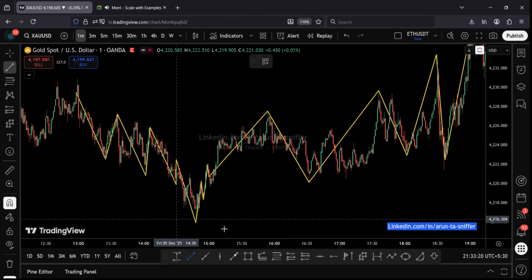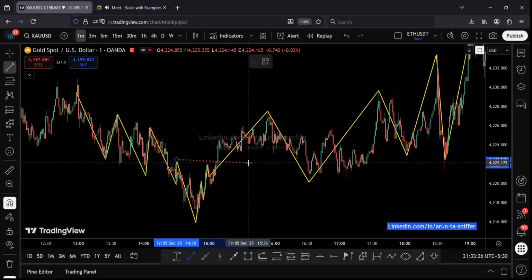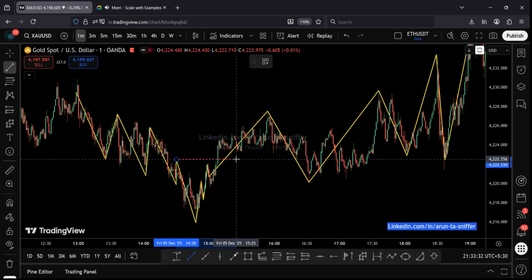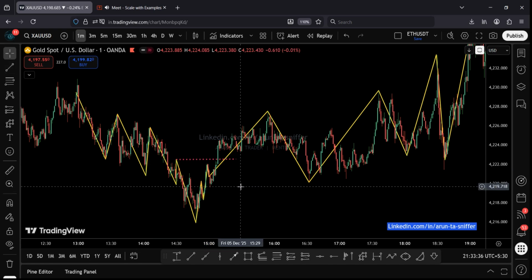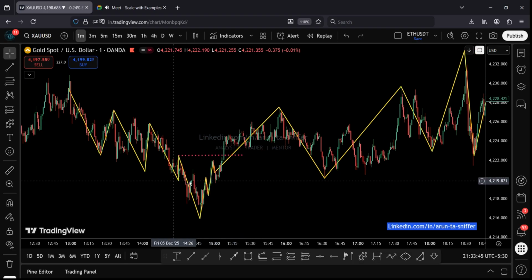So for this one, look at this angle. Price engulfs the first time like this, and comes back to where the DP of this one is, here.